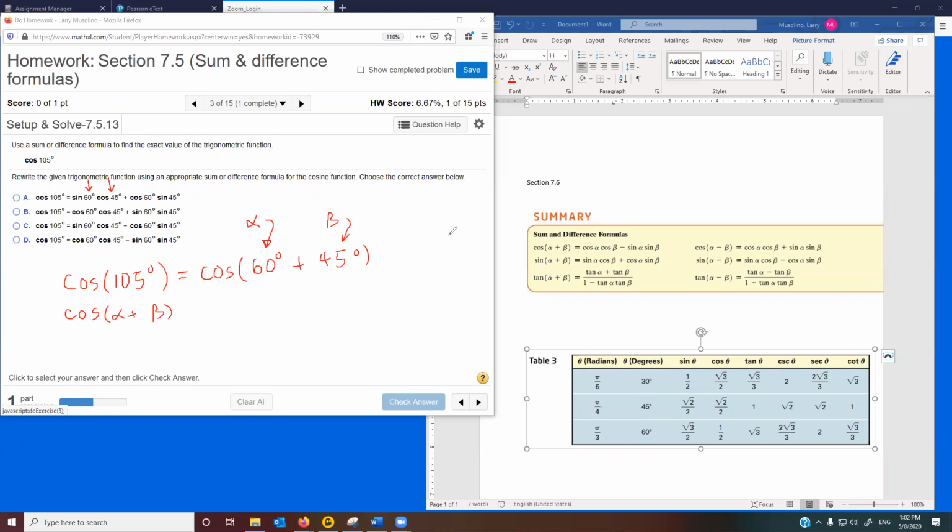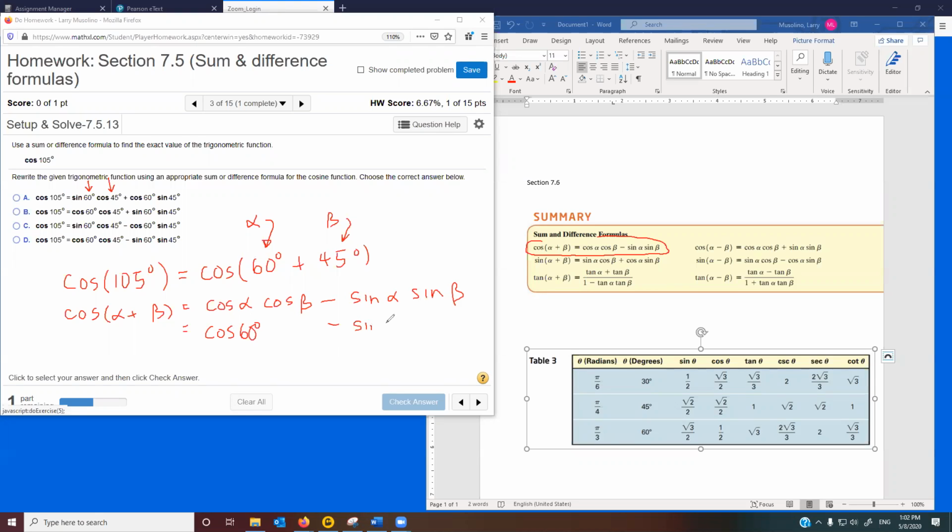Well, I'm going to go over here to my sum and difference formulas. I'm going to grab this formula for cosine alpha plus beta. So it says I want to write this as cosine alpha, cosine beta minus sine alpha, sine beta. But now I'm going to plug in the angles because I know alpha is 60 degrees. So this is going to be cosine 60 here.